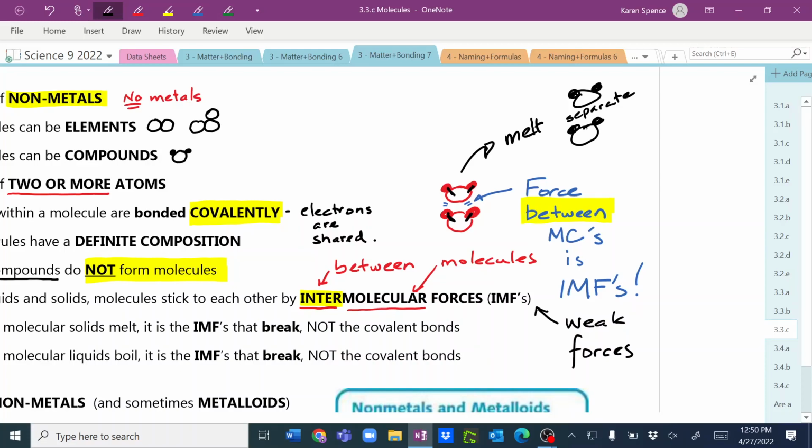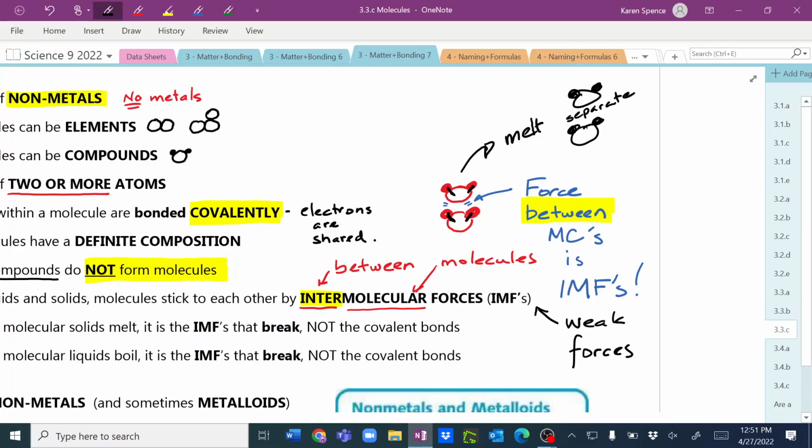The covalent bonds are really strong. So if I'm a water molecule and this is a hydrogen and this is a hydrogen and I'm an oxygen, and I am bonded to another water molecule over here by intermolecular forces, if it starts to heat up and I turn into a gas, woo, I go flying off, but these stay attached because these bonds are really strong.